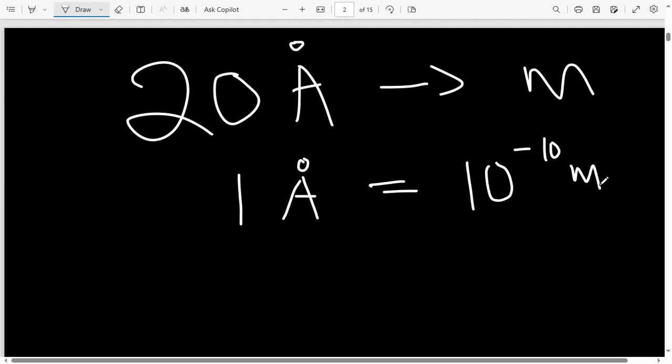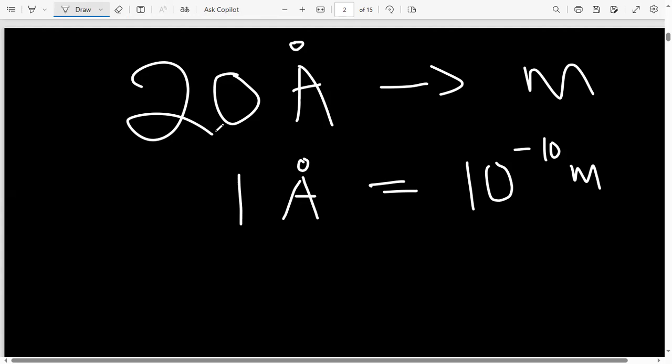By definition, 1 angstrom is a tenth of a billionth of a meter. That's what 1 angstrom means. If you can't pronounce that, you just say 1 angstrom is the same as 10 to the power -10 meters.